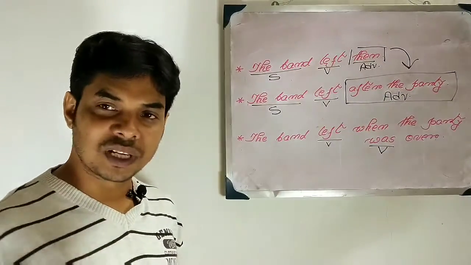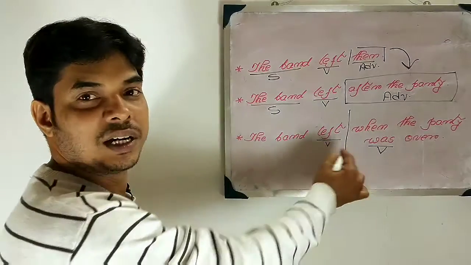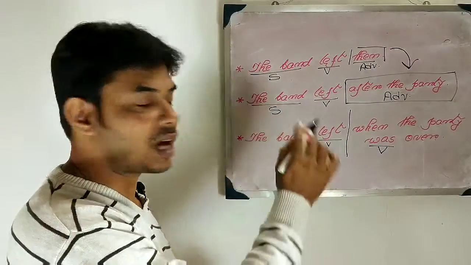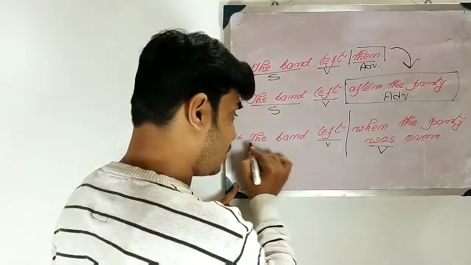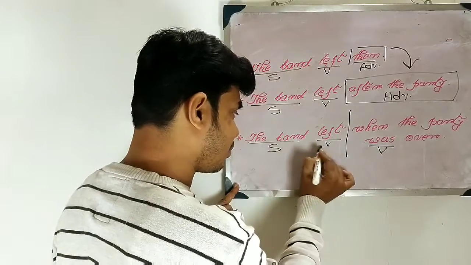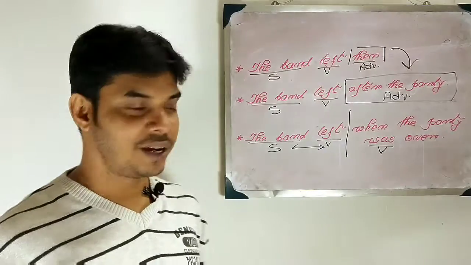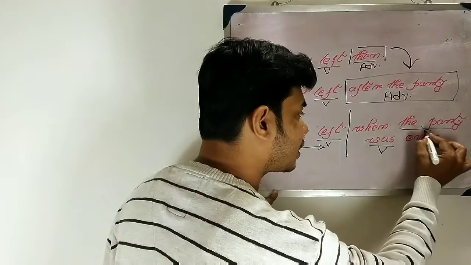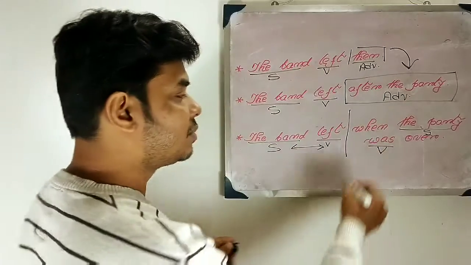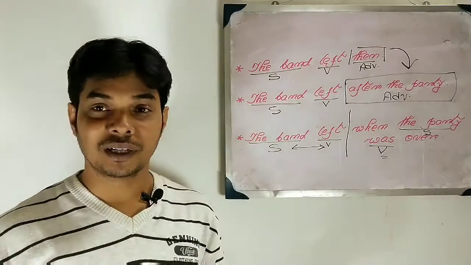Two verbs means two sentences. So we can make a break just in the middle of this sentence, and you'd get two different sentences. The band left. The band is the subject for the verb left. So you get one clause here, and then when the party was over, here party is also a subject for the verb was.